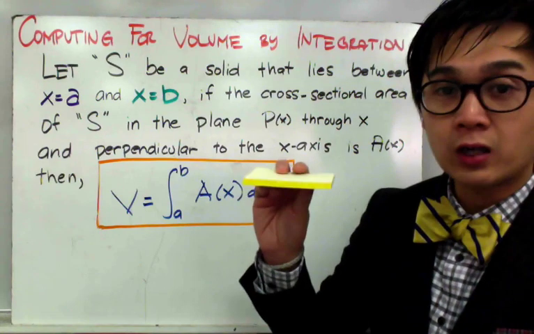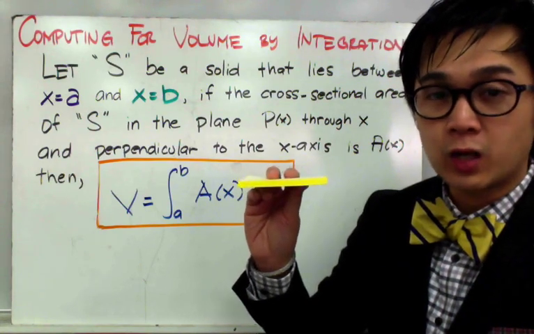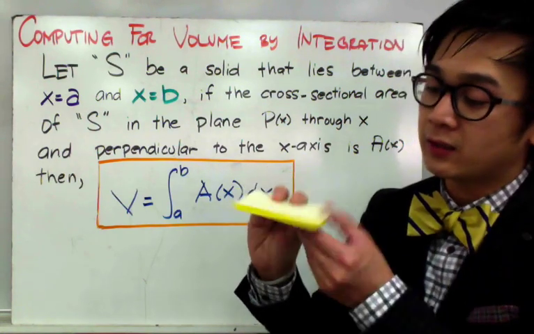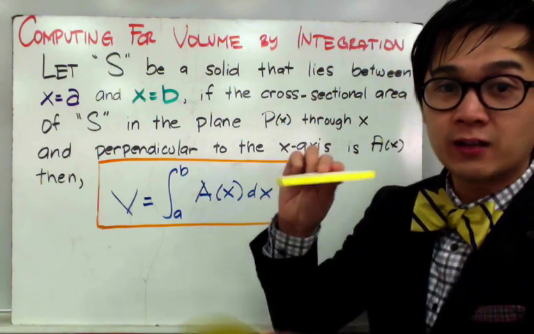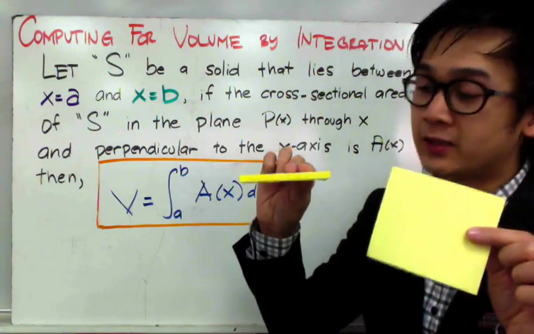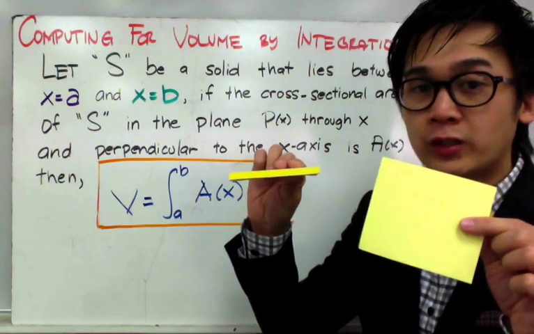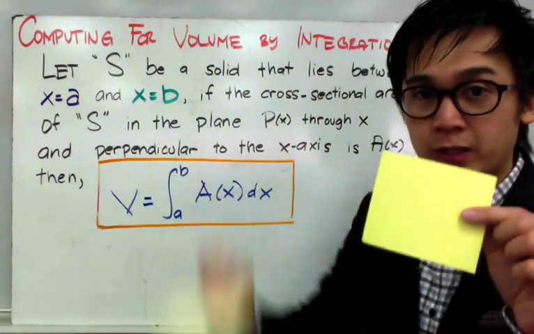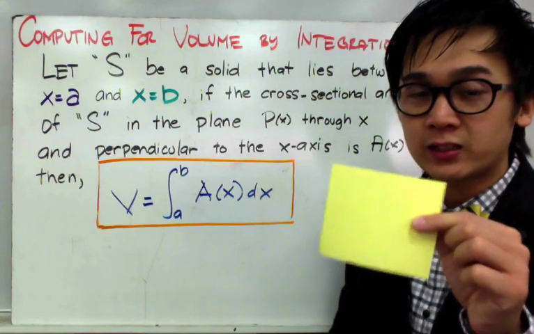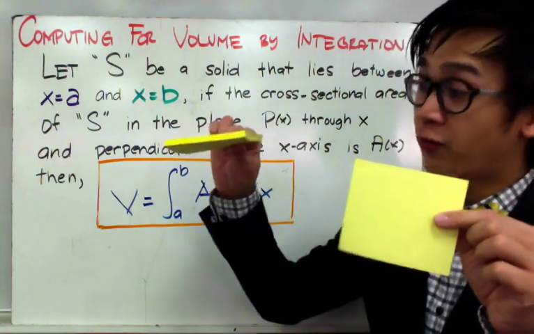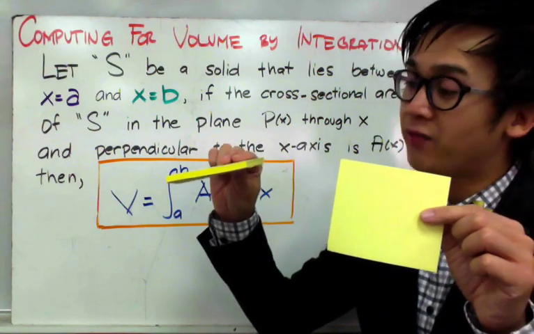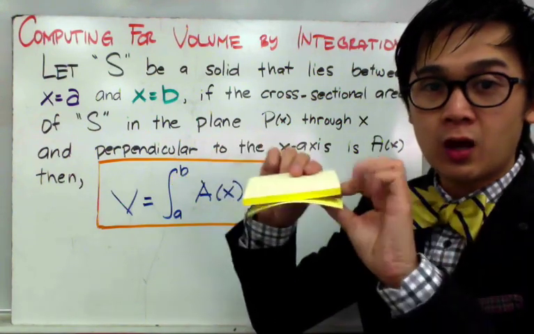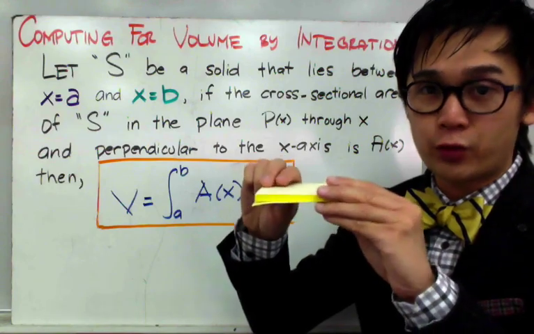To find the volume of this particular figure using calculus, we just use a slice, a piece of this solid figure, and we find the volume of the solid figure by using this single slice from this pile of paper. And we will use integration to compute the volume of this solid figure today.